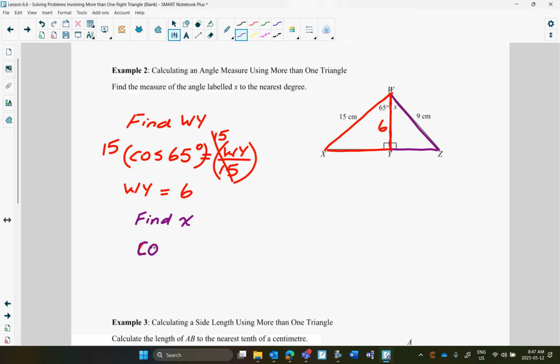So the cos of the angle, which in this case is unknown, equals 6 over 9. How do I find the missing angle? I've got to do cos inverse to both sides to get X by itself. So X will equal the cos inverse of 6 divided by 9, and it says nearest degree, so that's nearest whole number. 48. Thank you.